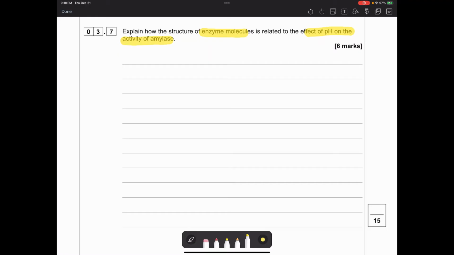So this is basically saying to me, describe the structure of enzyme molecules and how it is affected by pH. So I'd be thinking of basically all of my knowledge to do with enzymes. So I should recall that in optimum conditions, enzymes are proteins and have a 3D structure.